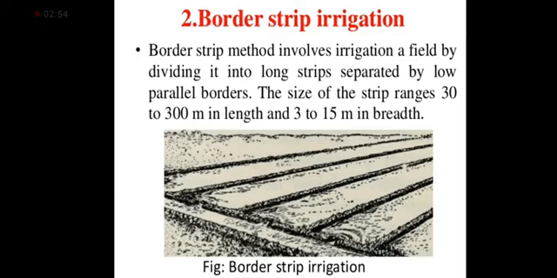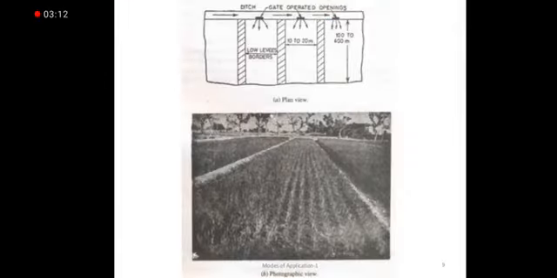The border strip method involves irrigation of the field by dividing it into strips separated by two parallel borders. The size of the strip ranges from 30 to 300 meters in length and 3 to 15 meters in width. In this picture, we can see how this is being done.